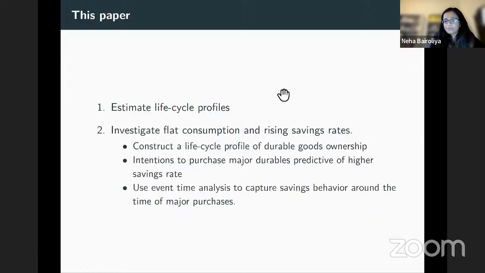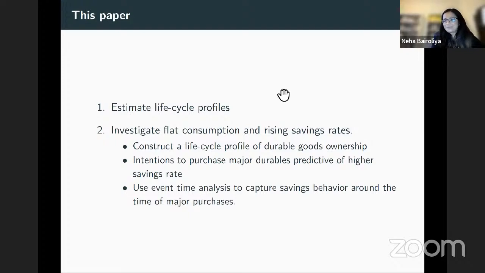So in the second part of the paper, we investigate further this flat consumption profile once you adjust for family size and the rising savings rate. Now we lay out potential theories, and one candidate that emerges very strongly is this desire for lumpy investments in durable goods. Now, we do not observe exact expenditures on durables.